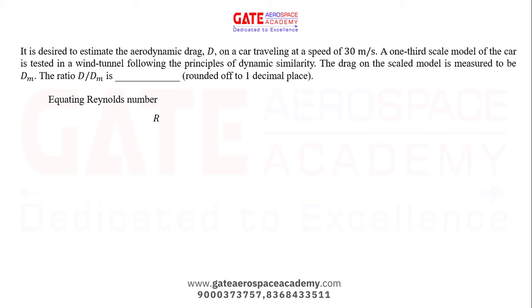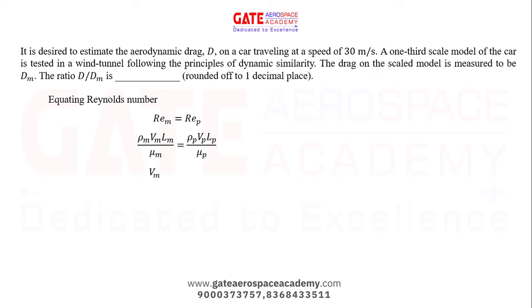So equating Reynolds number for model and prototype, rho m Vm Lm divided by mu m is equal to rho p Vp Lp divided by mu p. So rho and mu are constant.